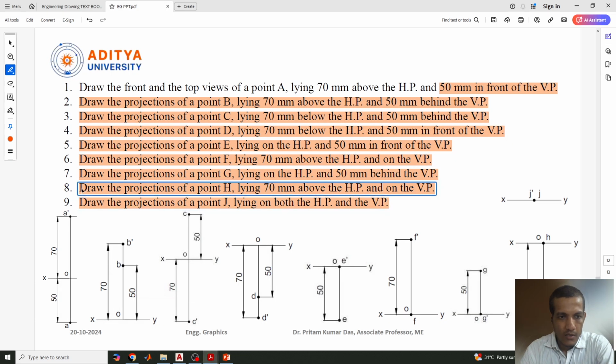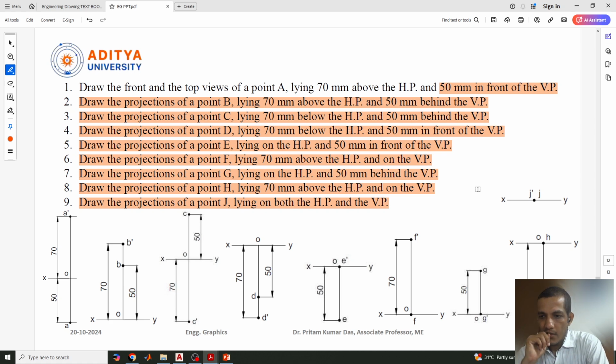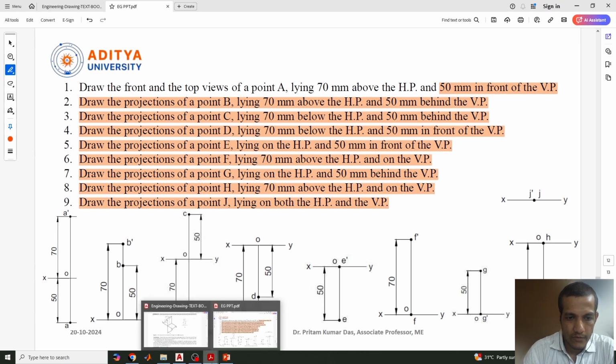What is given? Draw the projection of a point H lying 70 mm above HP on the VP. On the VP and above HP. No, this is the question, not the same question. It should actually be different. Somehow different will be there for this.